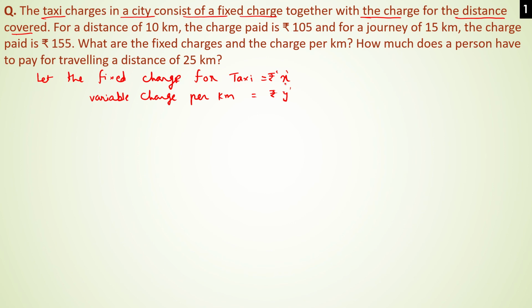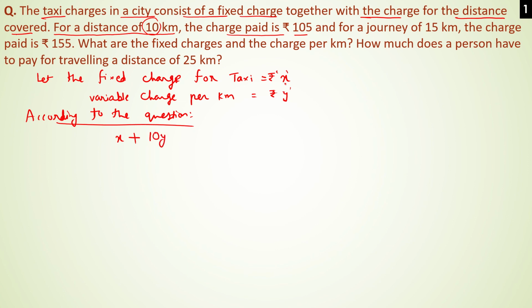So in the first situation, it is saying that for a distance of 10 kilometers, the charge paid is rupees 105. So according to the question, we have fixed charge plus distance covered is 10 kilometers.